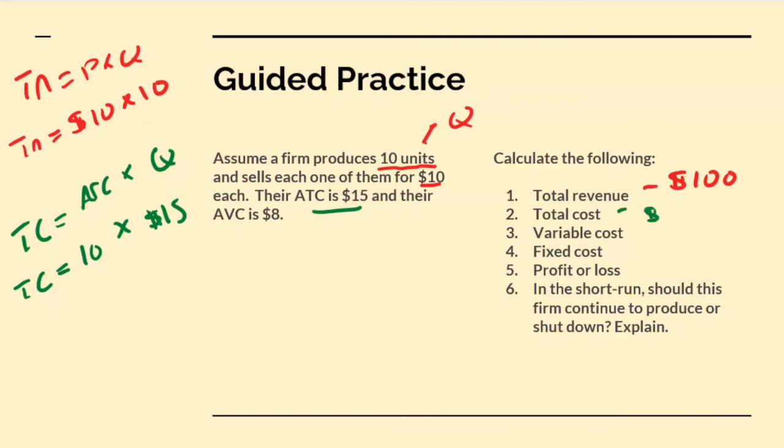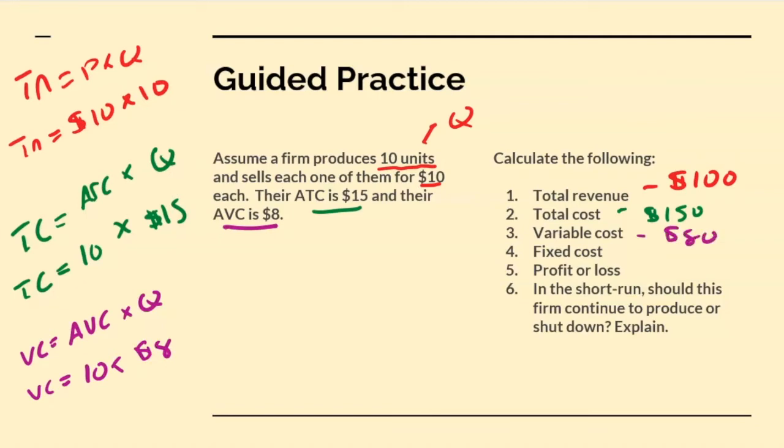So our total cost is $150. Our variable cost is just our AVC, our average variable cost, times the quantity. Well, our variable cost then is just 10, our quantity, times the average variable cost, which is $8, which gets us to $80 here.